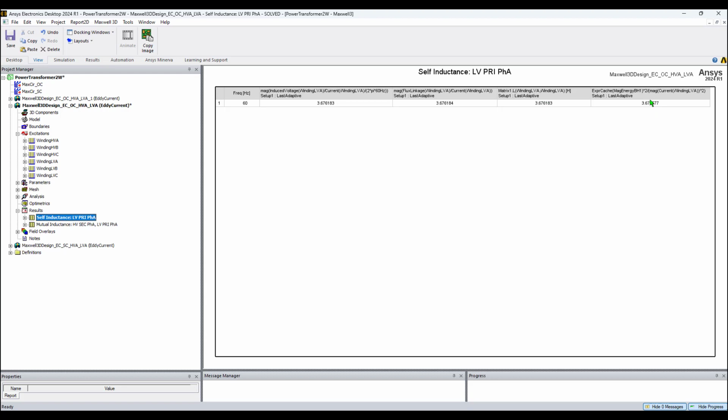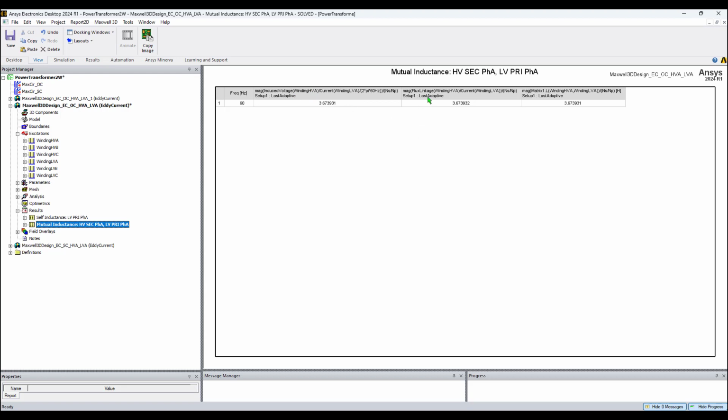And here, on the column on the right at the end, is computing self-inductance using the magnetic energy, okay? And here is the value of the mutual inductances using induced voltage on the high voltage phase A winding and low voltage phase A operating current.